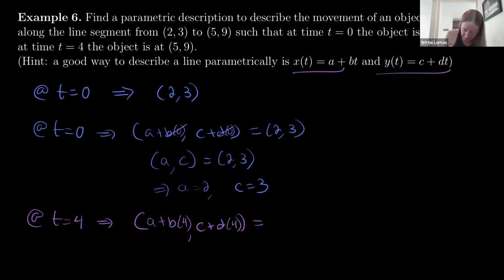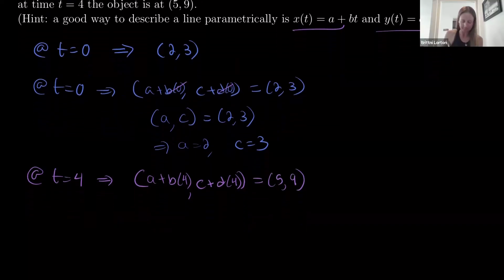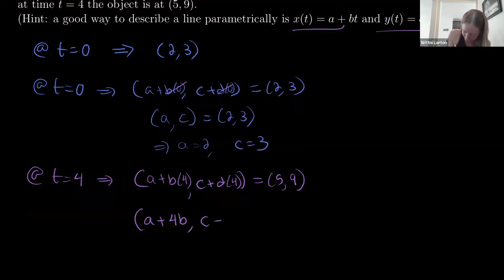And I need my ending point to be (5, 9). Let's simplify. I'll write it here first: (a plus b times 4, c plus d times 4) equals (5, 9).